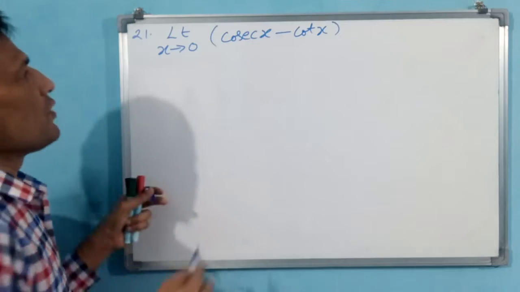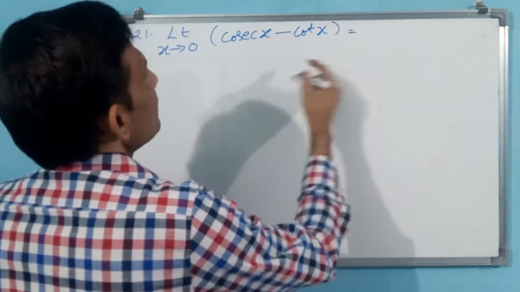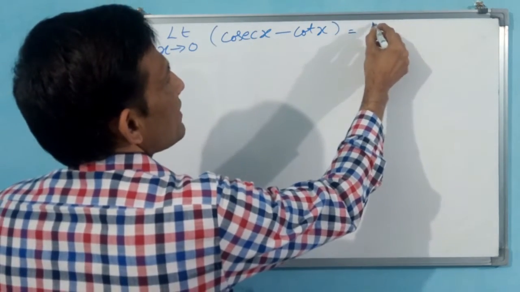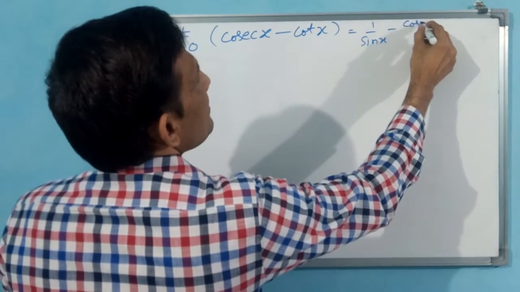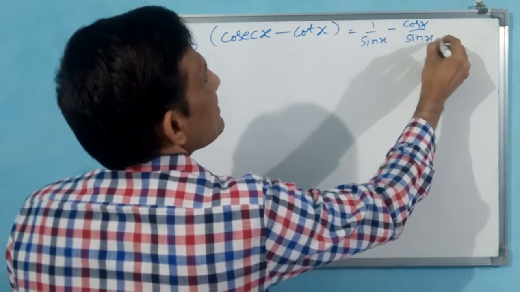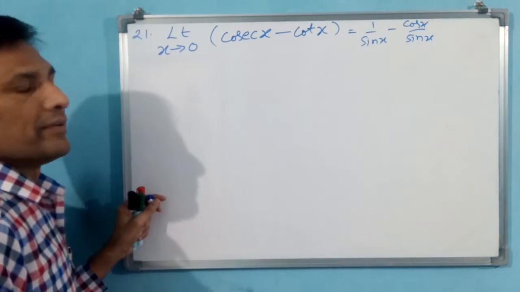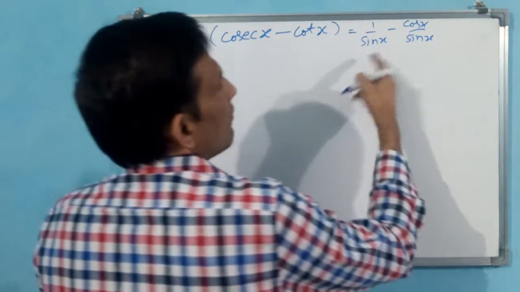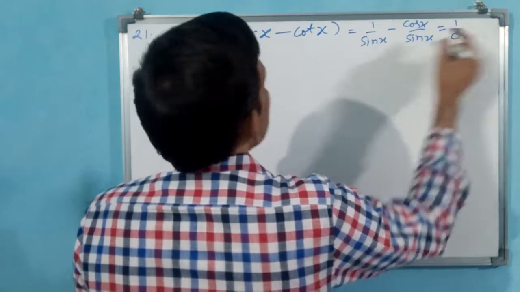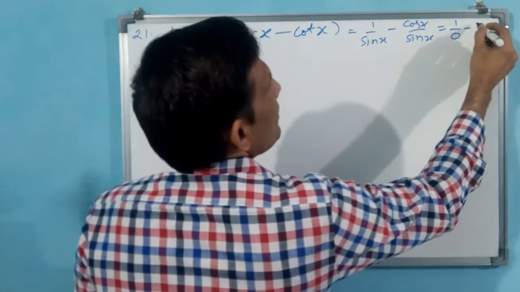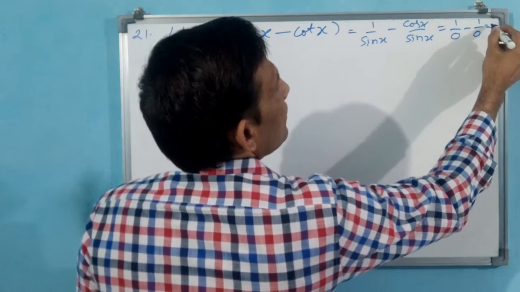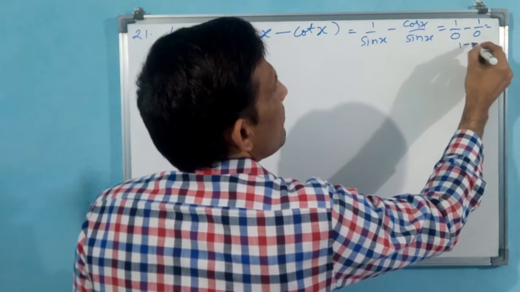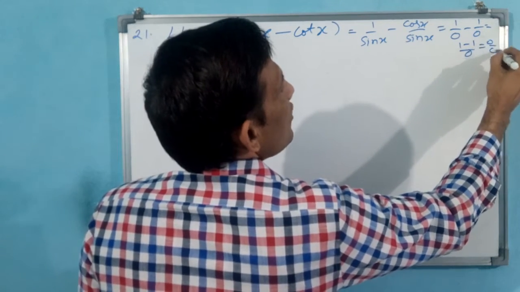How is it going to become? This is equal to cosecant x, I can take 1 by sin x minus cos x by sin x. 1 by sin x is equal to 1 by 0. If you apply 0, cos x by sin x is 1 by 0, that is equal to 1 minus 1 by 0, that is equal to 0 by 0.